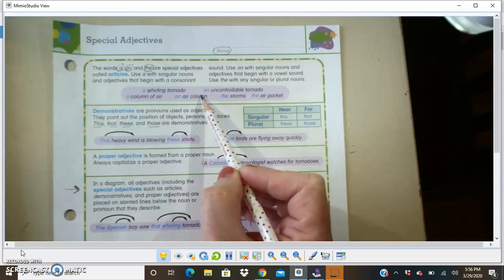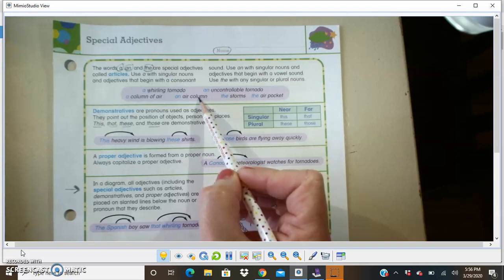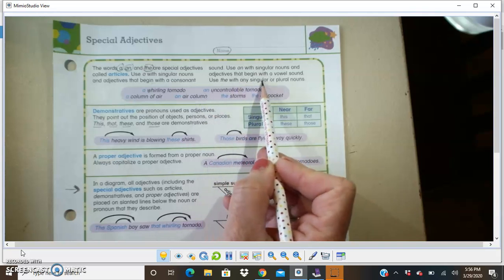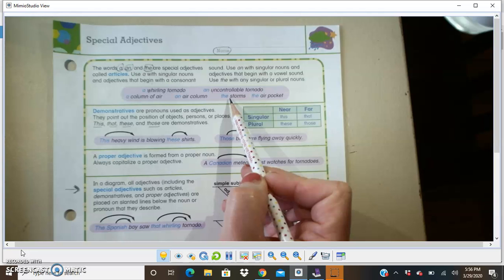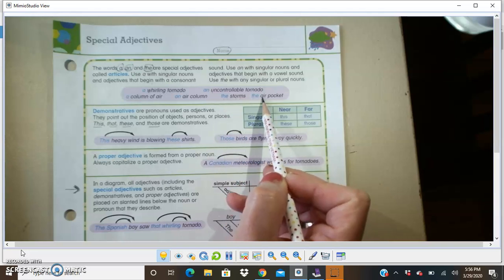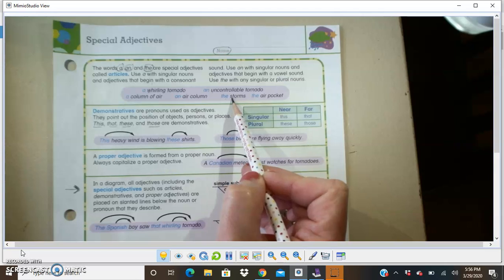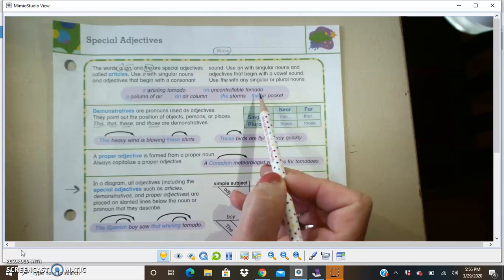But then let's talk about one more. You use the word the with any singular or plural noun. So the storms or the air pocket. It doesn't really matter with the word the whether the word following it starts with a consonant or a vowel.